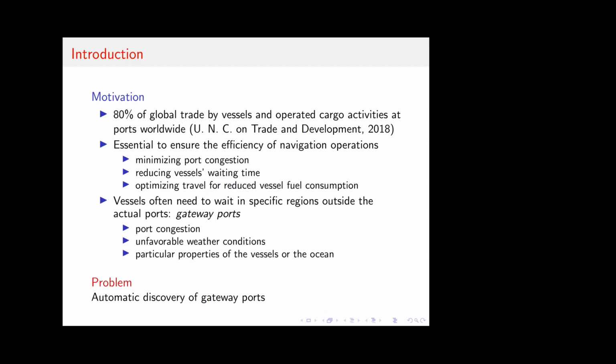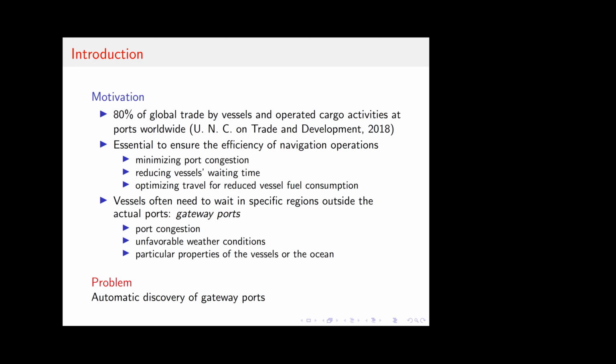According to the United Nations Conference on Trade and Development, held in 2018, 80% of global trade has been operated by vessels and cargo activities at ports worldwide, which is a quite impressive number.